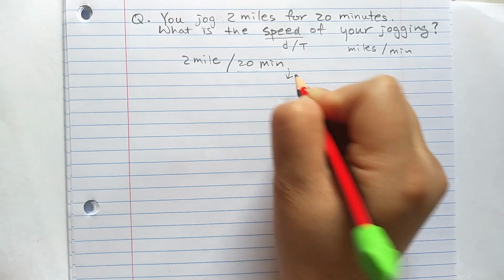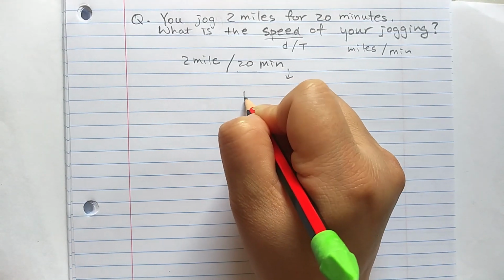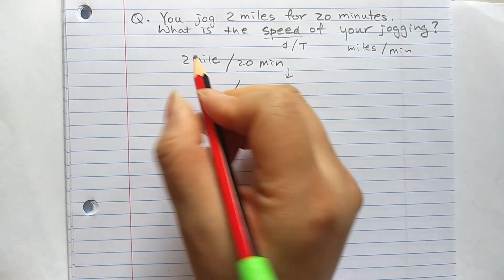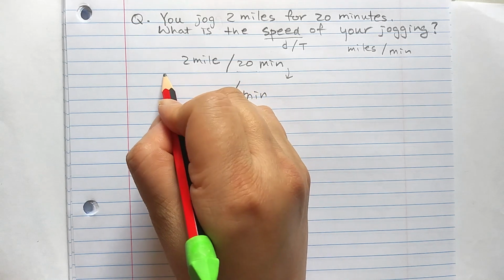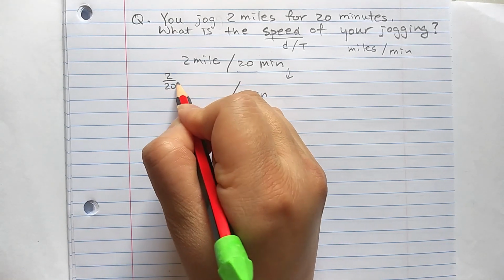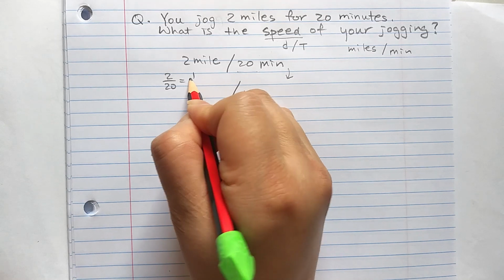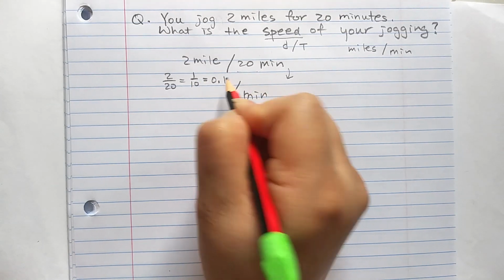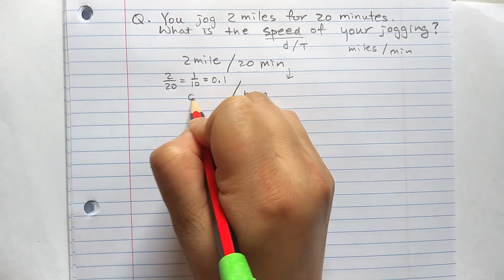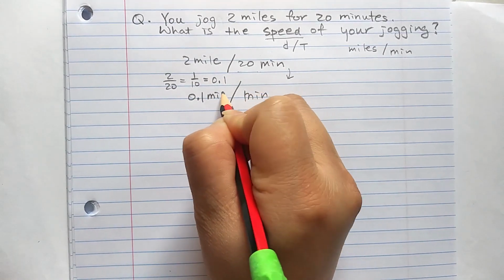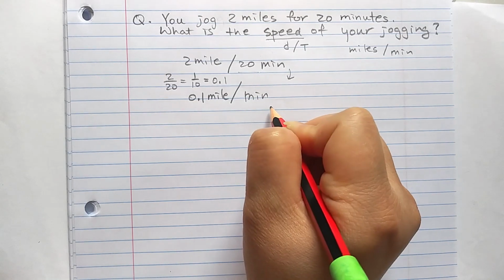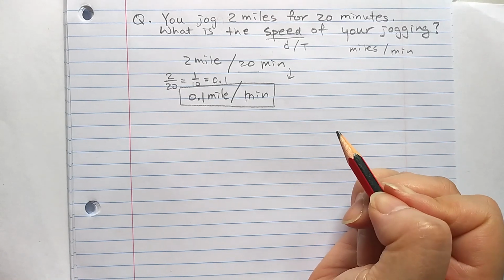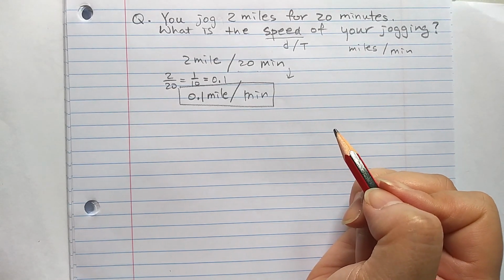So divide that by 20. So it is 1 minute. Again, don't write 1. And divide that by 20 as well. 2 over 20 is 1 over 10, which is 0.1. So 0.1 mile per minute. That's your speed and also the rate.